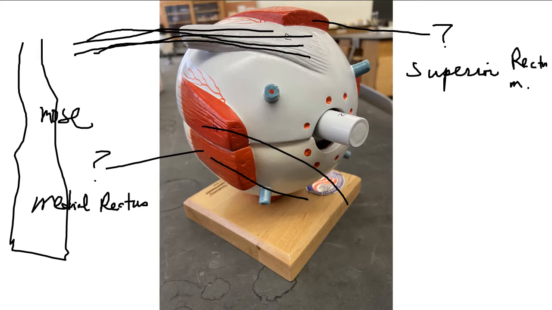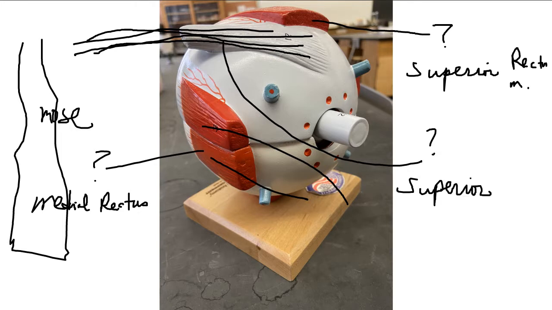Now, this is the inferior portion. So what is this muscle up here? It might be a superior one, but it also might be a lateral. No, it's not lateral. We're in the medial section. It runs toward the midline, so it goes across.